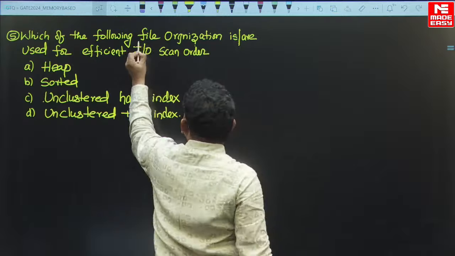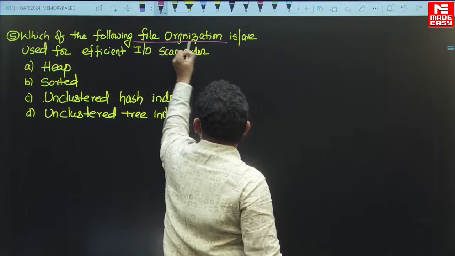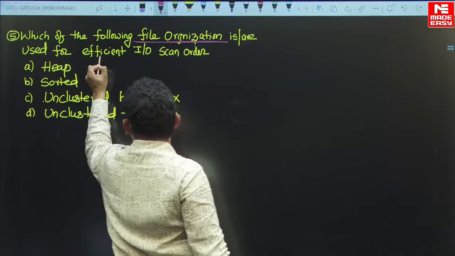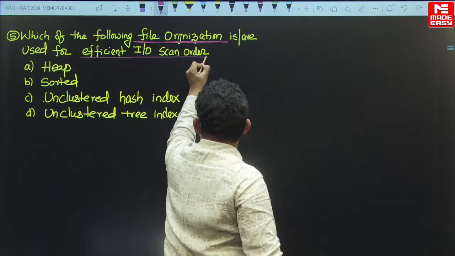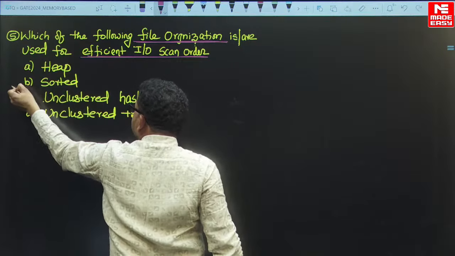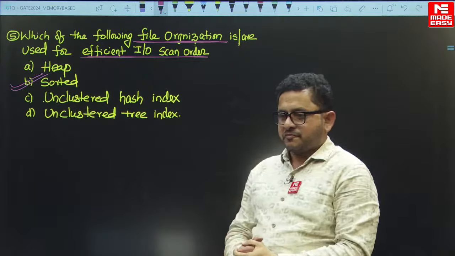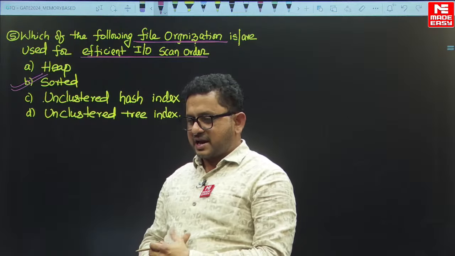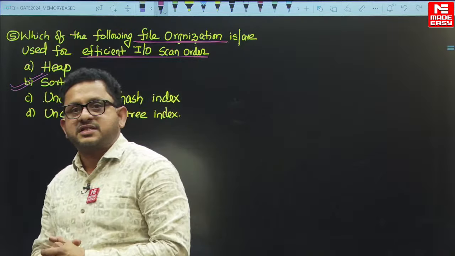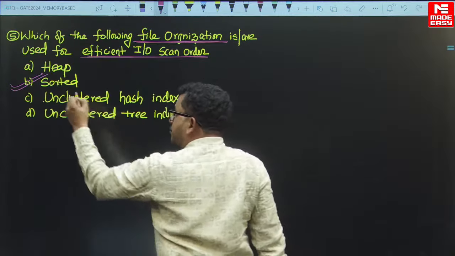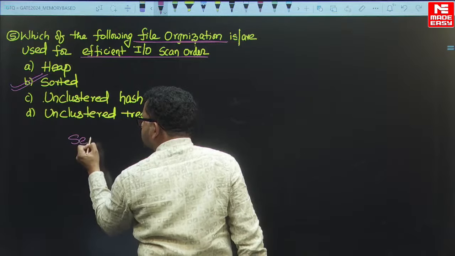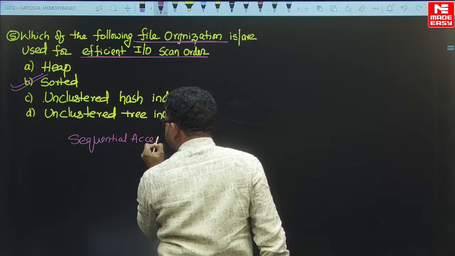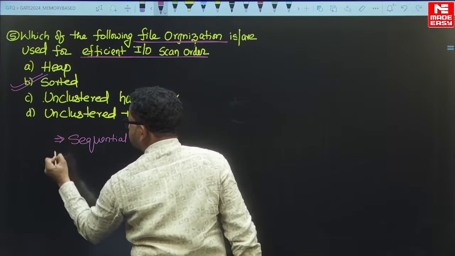Next, let's move to the next question. This is about file organization. Which is used for efficient IO scan order? For efficient IO scan order, a sorted file is best. There are two advantages: sequential access becomes easier, and seek time also reduces.